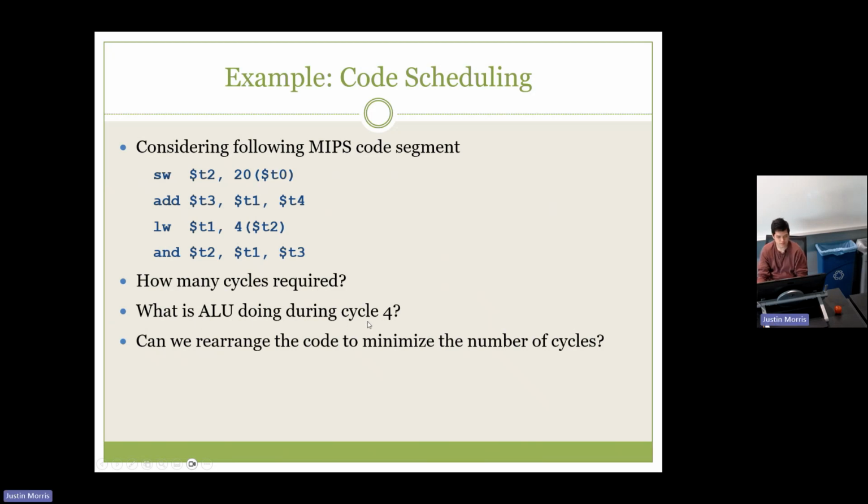What is the ALU doing in cycle 4? Performing the add execute.